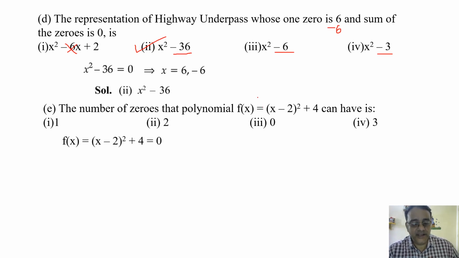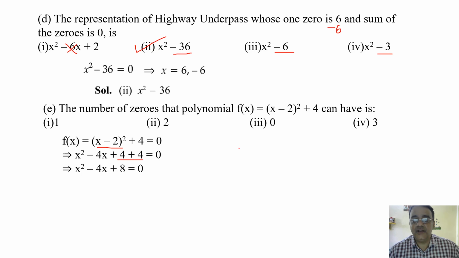Okay, now x minus 2 whole square, we will expand it. X square minus 4x plus 4 plus 4 और है. Okay, so this will become 8. Now we have already studied quadratic equation chapter. What is the formula for D? Discriminant.